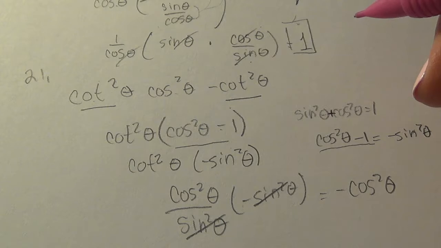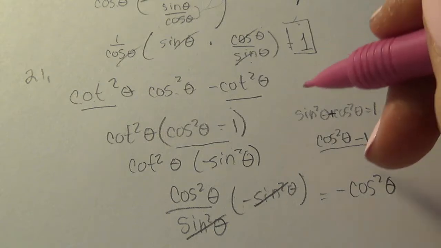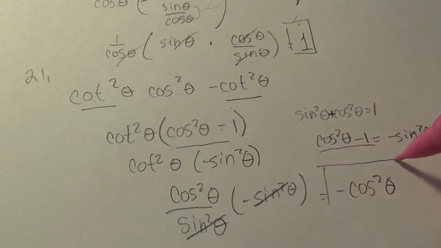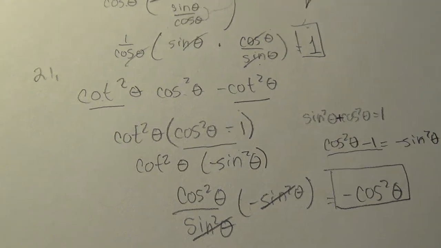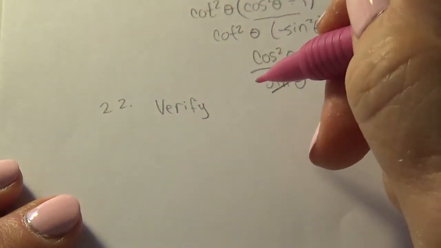So on 21, let's see, that is correct. They asked it a different way, but I'm looking at the simplified version. There it is. All right, on 22, it says verify.